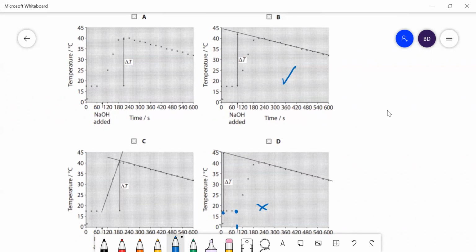They've extrapolated the line back to the point where they've added the NaOH, and then they've extrapolated this line forward to get the temperature before you've added it. Okay, this one is wrong. That line should be extrapolated backwards, and this one is also wrong. That line should be going up there. Shouldn't be how they've done it. So the correct one is going to be B.